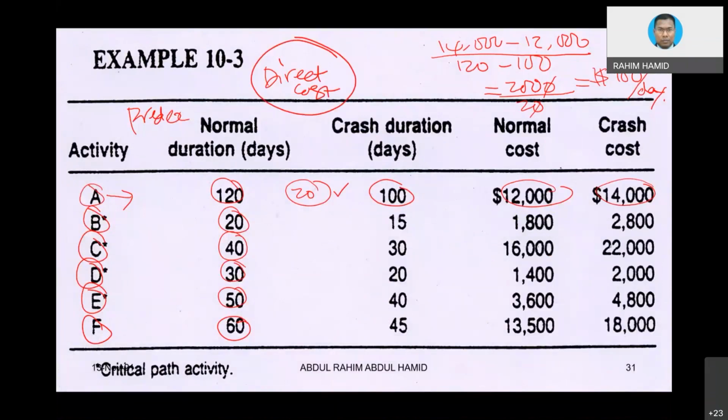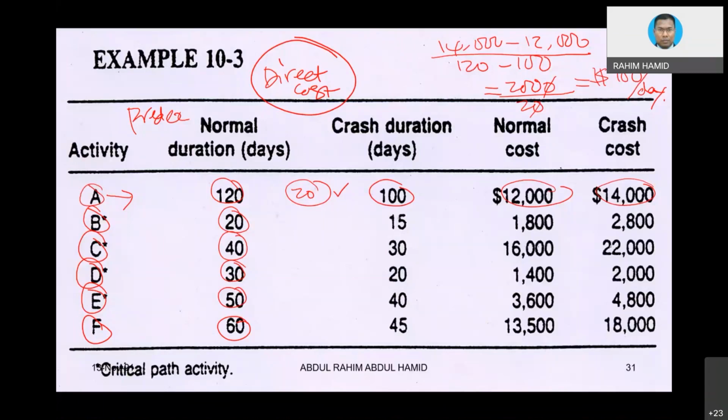Whereas the indirect cost can be considered a fixed cost because it is part of the preliminary cost. How do you get the fixed cost? Simple. You divide the amount by the total duration of the project, and that could be the rate. We simply say it is a fixed cost, even though it might not be the same every day, but for simplicity, indirect costs are normally treated as a fixed cost.